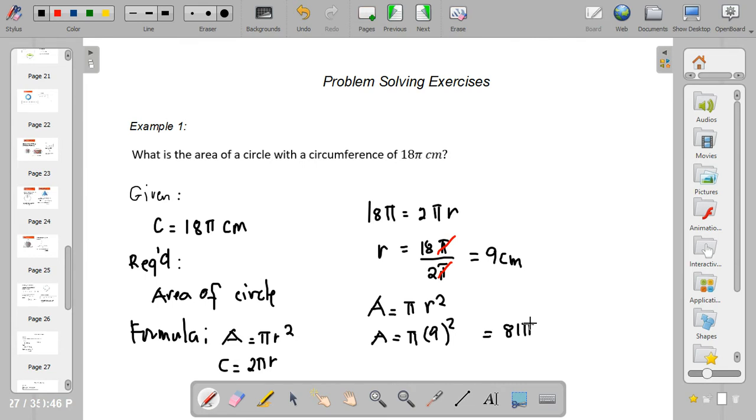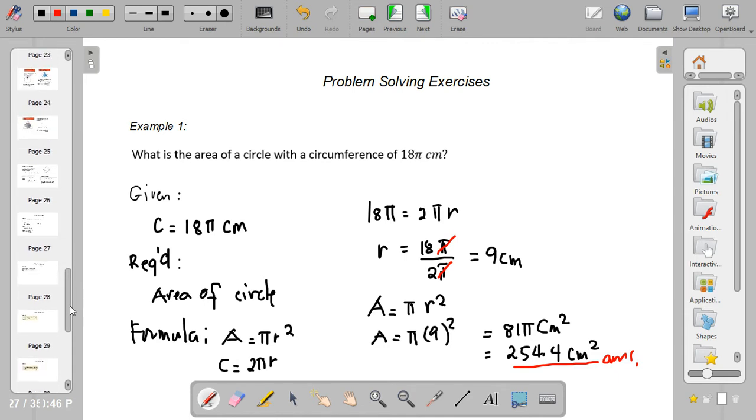You can also multiply by 3.1416, and you can get 254.47 centimeter squared. So this is your answer for this problem.